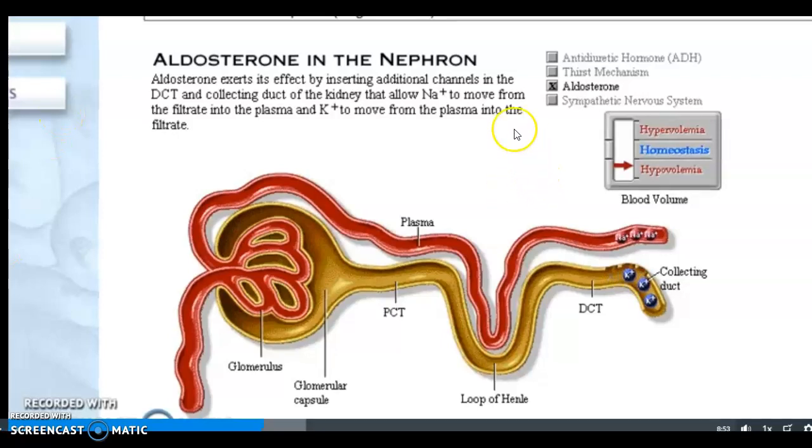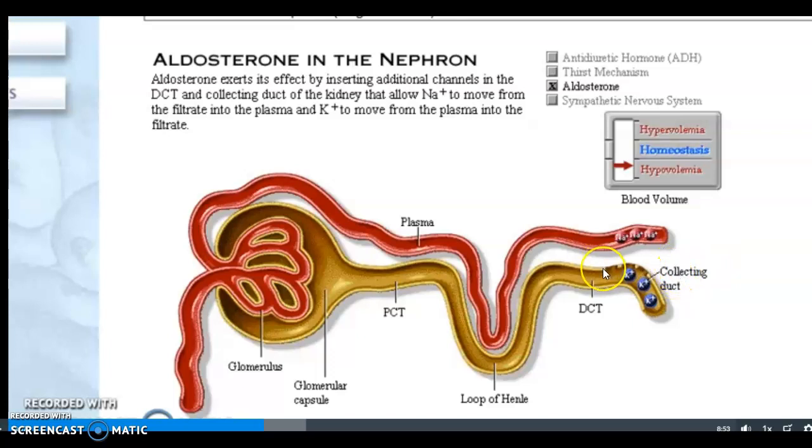Okay, so again, let's look at what's happening. Aldosterone, we need it to help us conserve water. It can be released from the renin-aldosterone pathway we talked about, or from excess potassium being in our blood. Once the aldosterone is released, it's going to act on the cells of the distal convoluted tubule and the collecting duct.